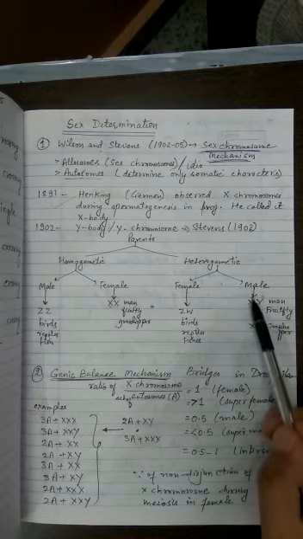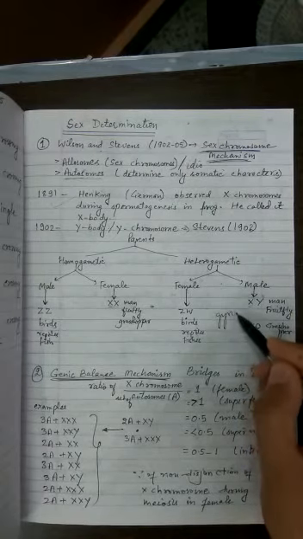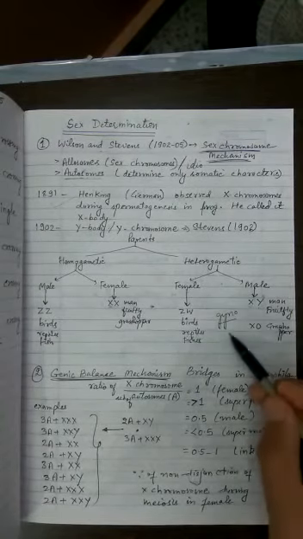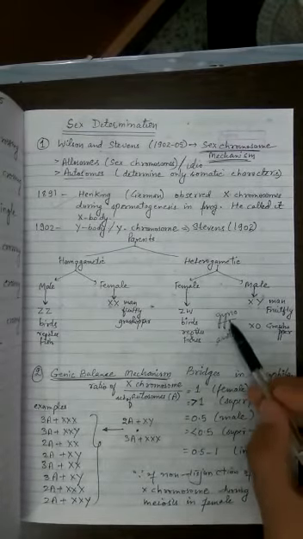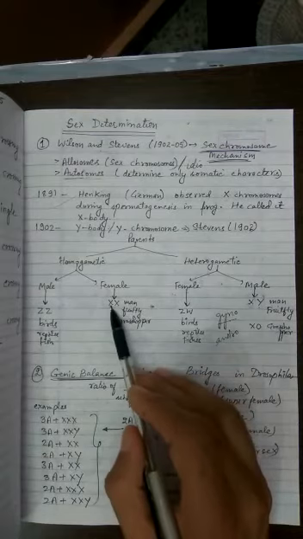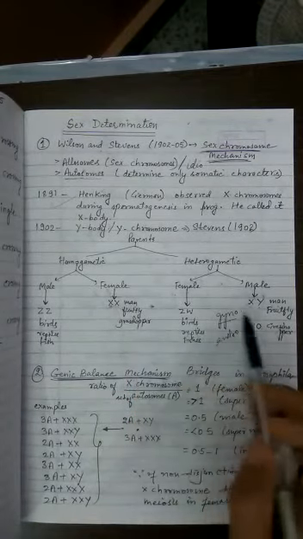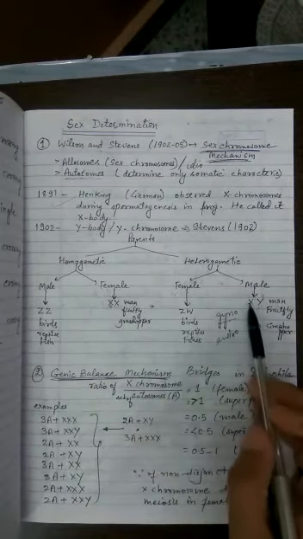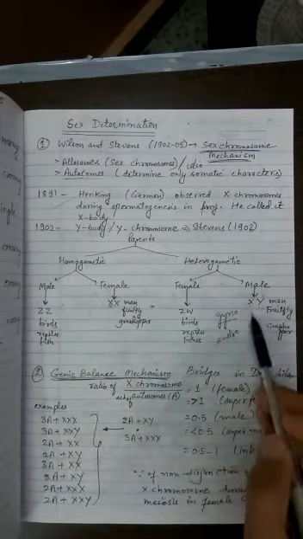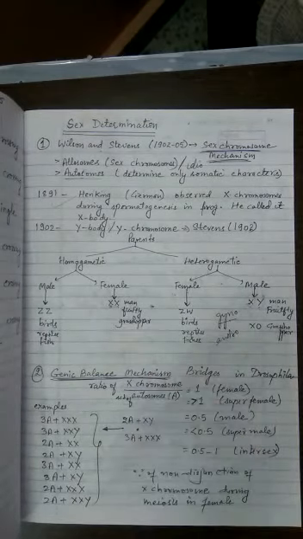Remember, a sperm which carries X is called a gynosperm and a sperm which carries Y is called an androsperm. All the eggs will carry X only. So if a gynosperm fertilizes the egg, it will lead to the formation of a female. If an androsperm fertilizes the egg, it will lead to the formation of a male individual.